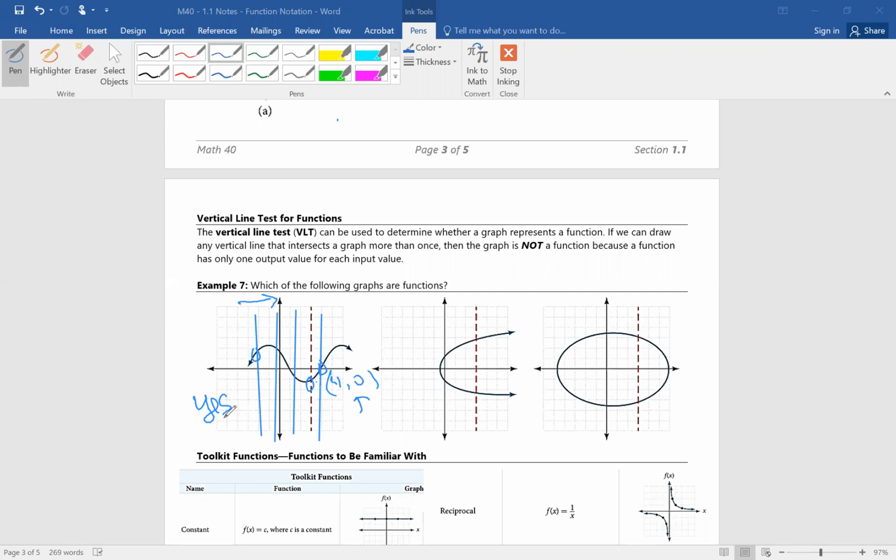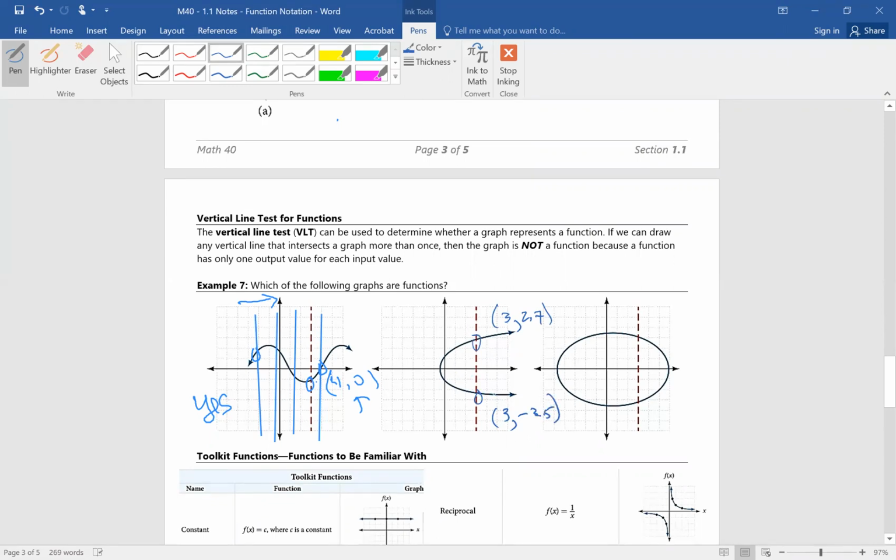However, if you look at it this way, where this line crosses 2 spots, this is the point 3, comma 2.7 maybe, my eyes are terrible, but you'll get the gist. And this is the point 3, comma -2.5, whatever the y value is.